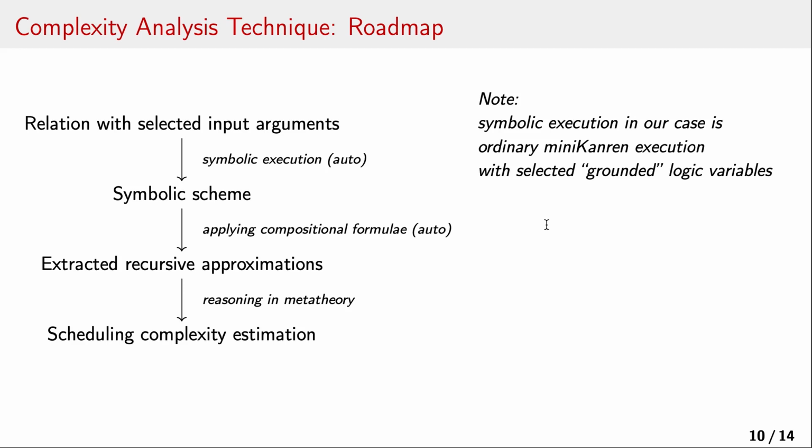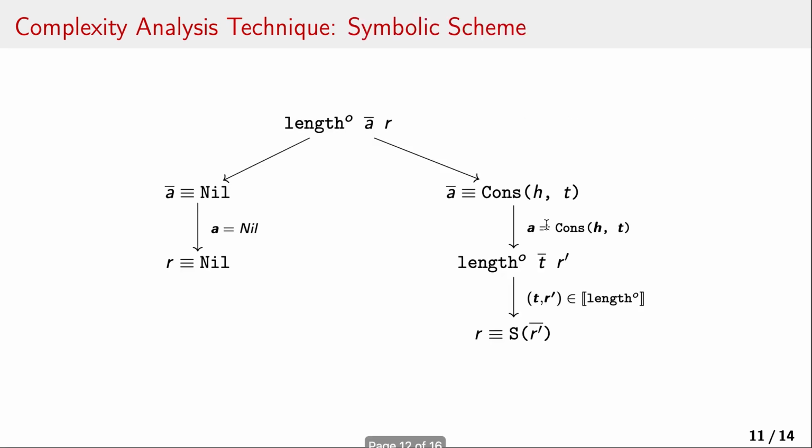So now let's take a brief look at how this approach works for our specific example. Here is the symbolic scheme for our length calculating query. It's a tree with different branches corresponding to different disjuncts. One important thing it shows is how grounding is propagated throughout the search.